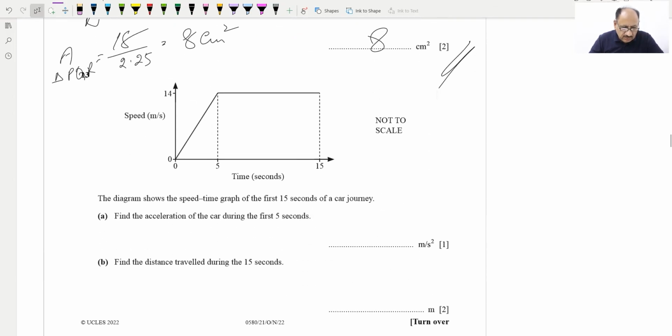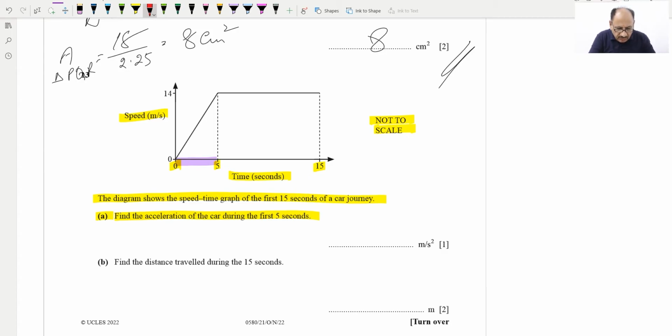Now question number 13. A diagram is provided which is not to scale. This side is speed, this side is time. The diagram shows the speed time graph of the first 15 seconds of a car journey, so up to this one is 15 seconds, from 0 to 15. In part a, find the acceleration of the car during the first 5 seconds. The first 5-second duration is this one, and for the acceleration we'll be checking rise over run.